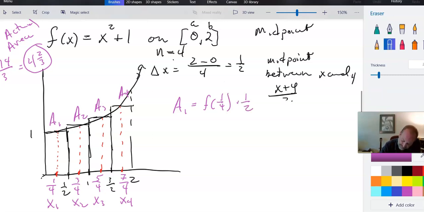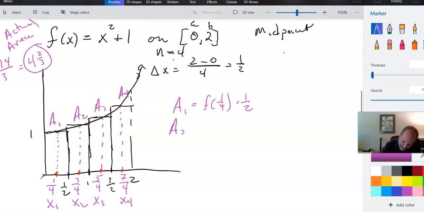I'm going to erase this because it's going to get in the way. A2 is f of 3/4 times 1/2. There's your delta x again, right? This is f of xi times delta x.